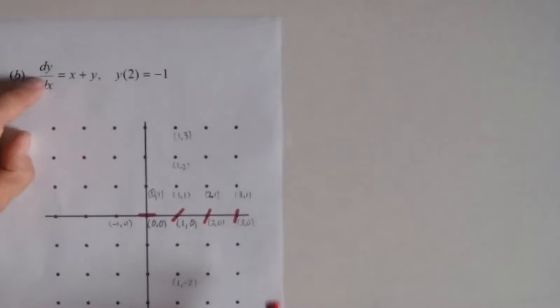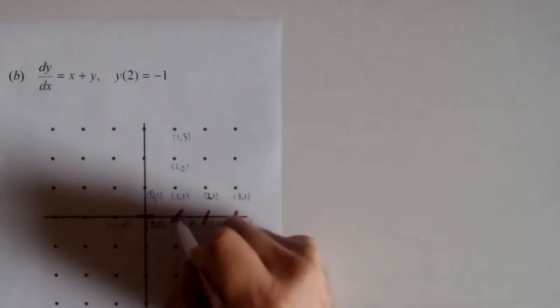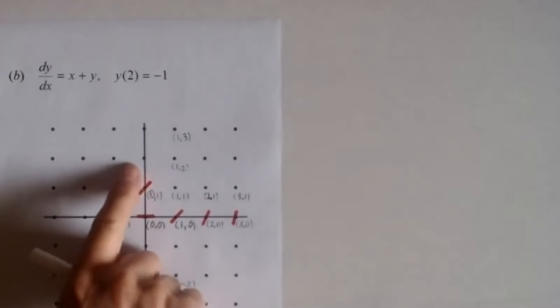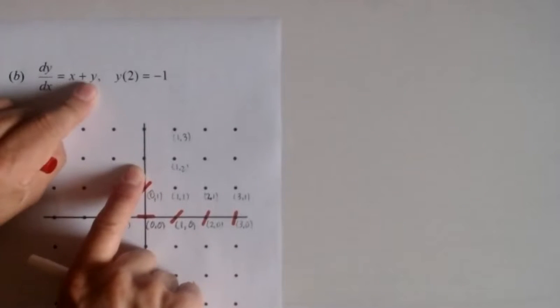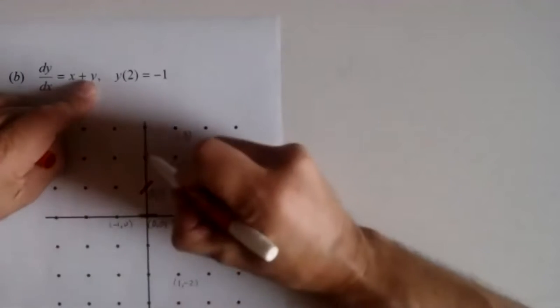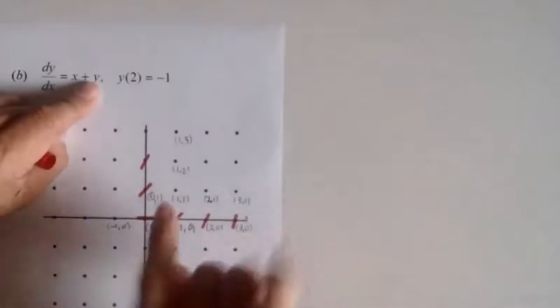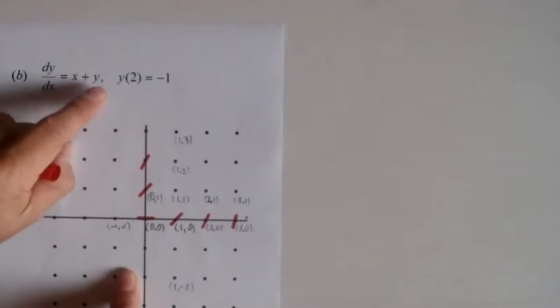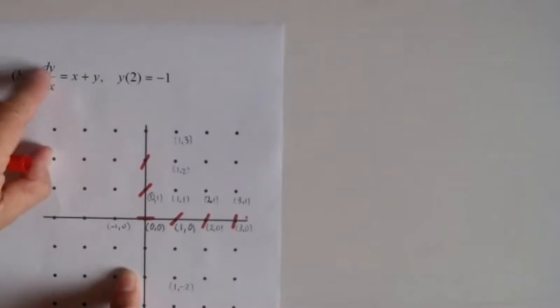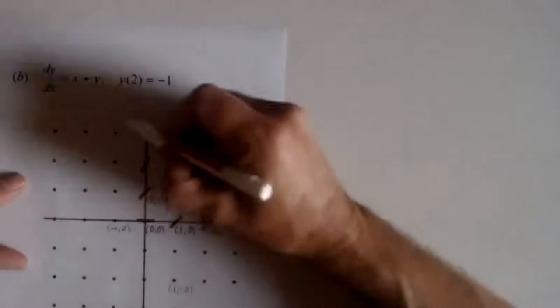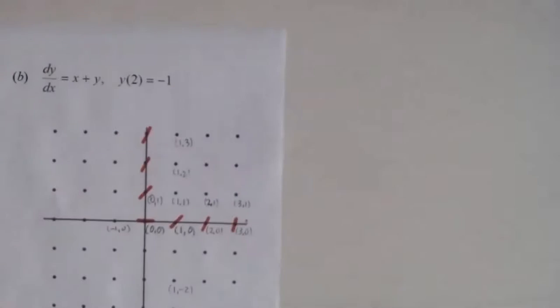That's a 1, so the derivative is 1. So I'm going to put something parallel to this, right? Now, this is the point 0, 2. So the slope here is 0 plus 2, which is 2. So I'm going to put something parallel to this line. Something like this. And obviously here is 0, 3. So this is 0 plus 3. The slope of the tangent line is 0 plus 3, which is 3. So it's going to be parallel to this one. So I'm going to put here something like this, correct?